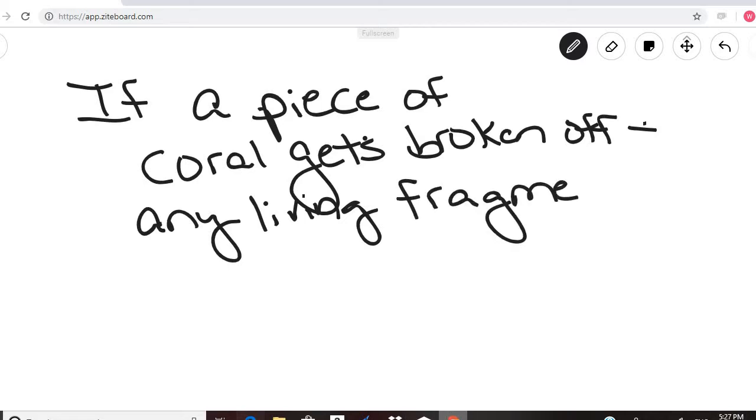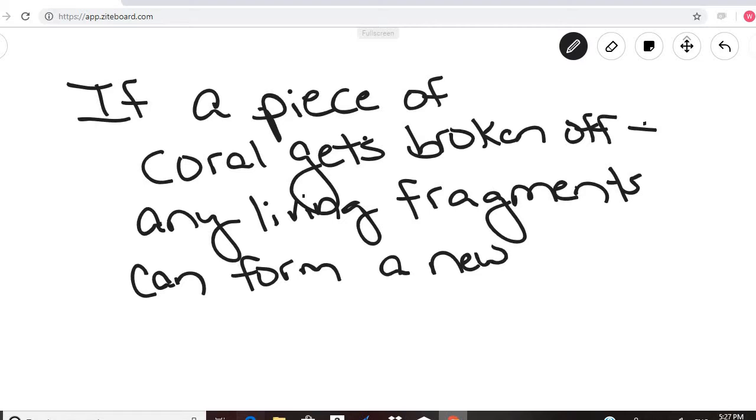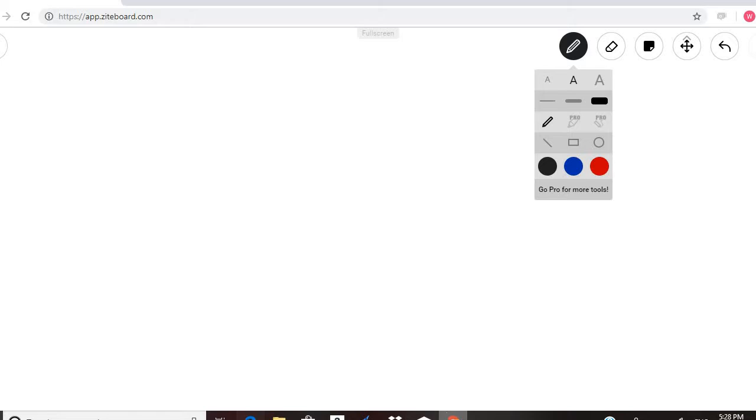So if that piece gets broken off and any part of it is living, that can grow into a new colony. So in some ways that is like regeneration. Okay, and then lastly, they can reproduce sexually.